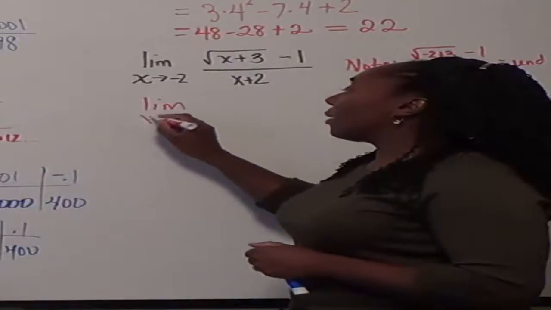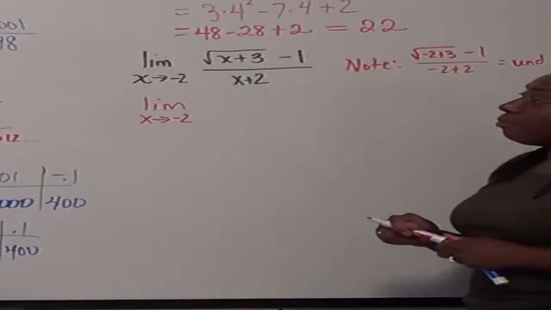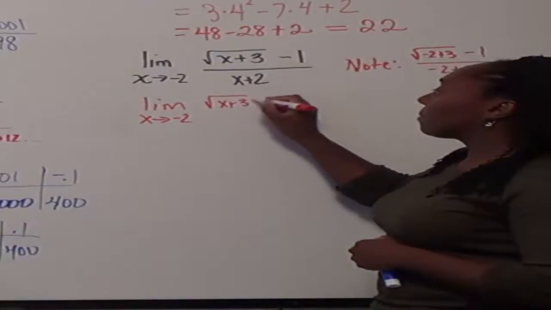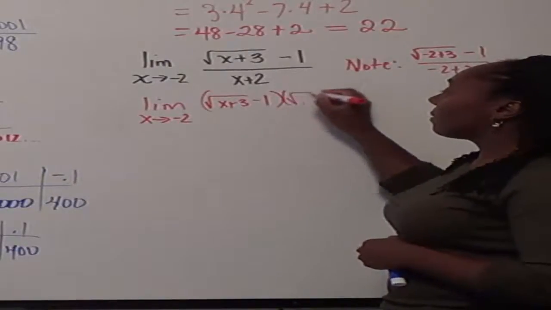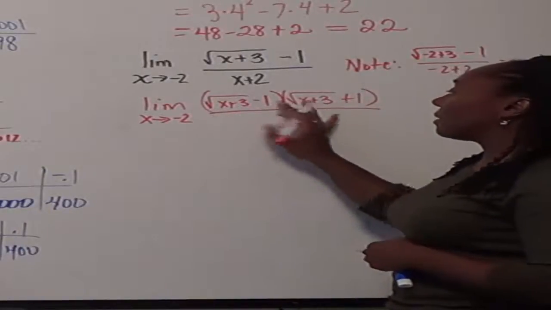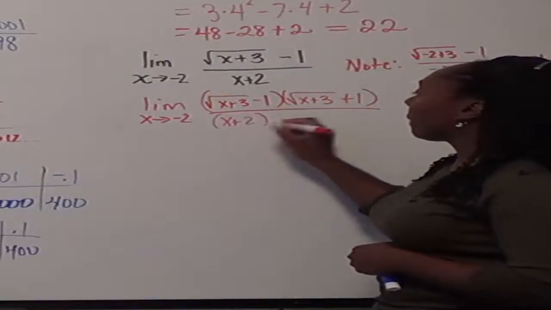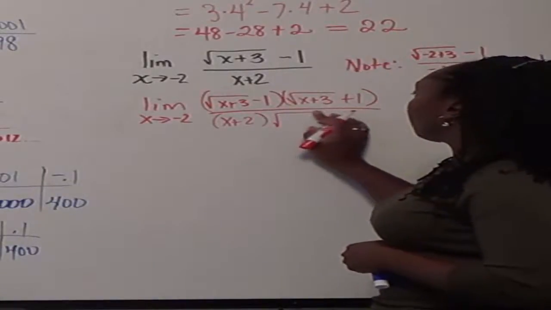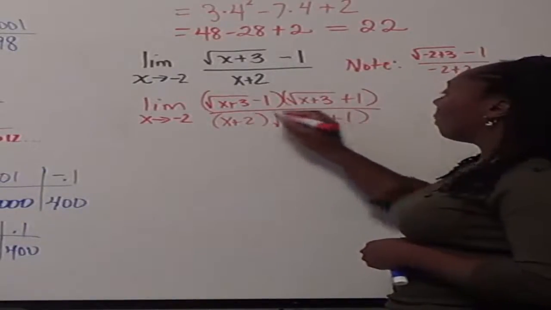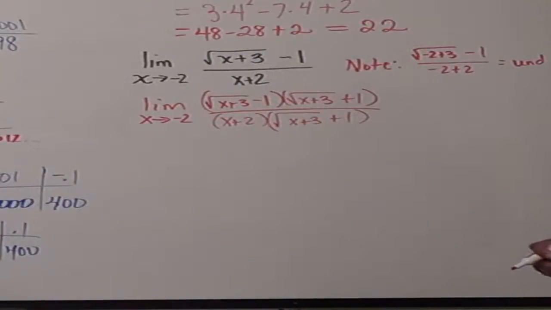Okay? So algebraically, one way to do that is, in order to get rid of that root, I'm going to use what we call the conjugate. So remember, your conjugate is the same terms, just different signs in between. And I'm going to do both the top and the bottom so that I am multiplying by a form of 1. I haven't changed the problem that we started with.